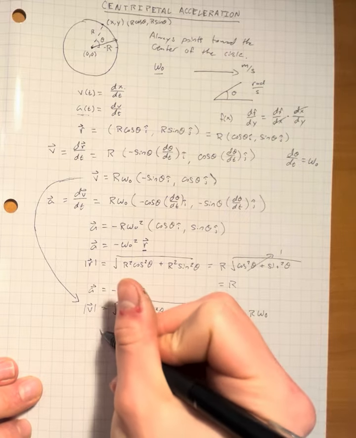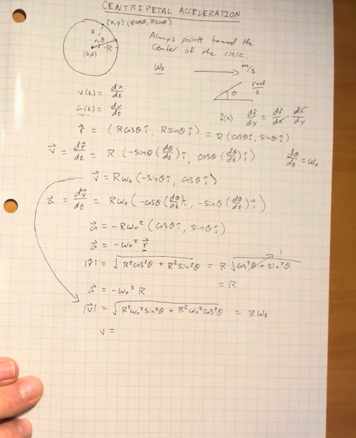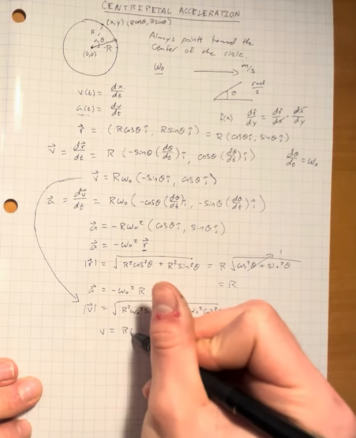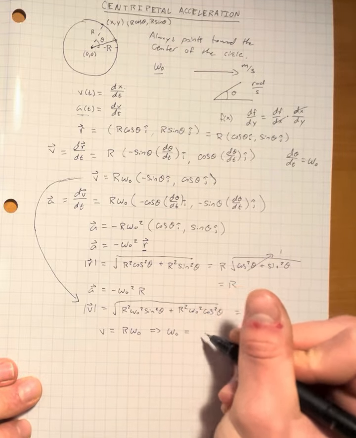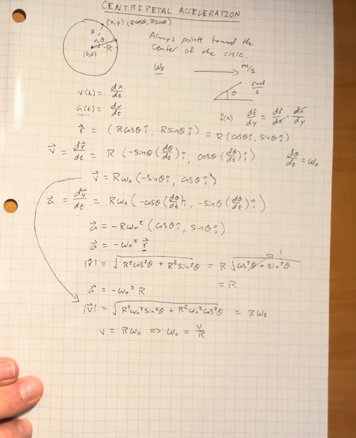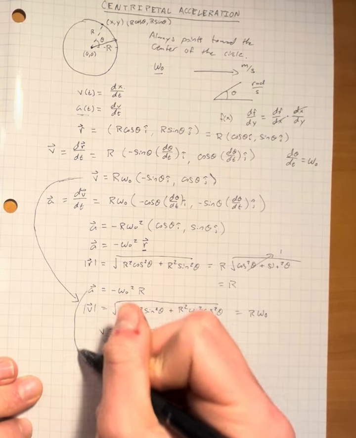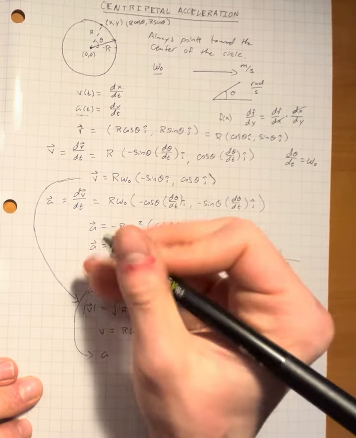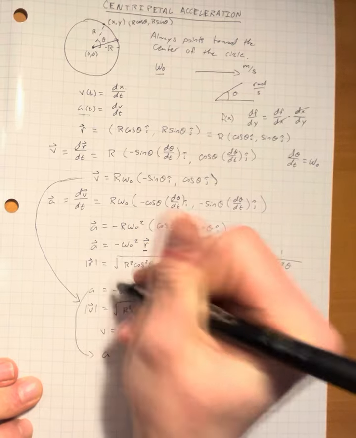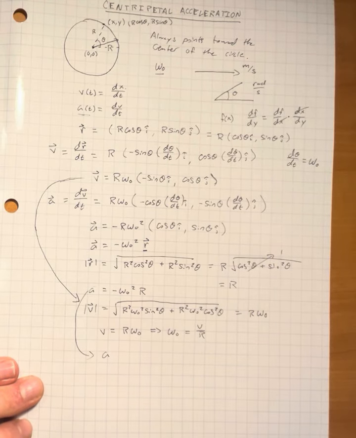So if v is equal to r omega naught, then omega naught is v over r, right? Just dividing both sides by r. So let's put that back in here. Now we have a, and I shouldn't really be using the vector sign anymore because we've converted things to magnitude, so this is just magnitude a.